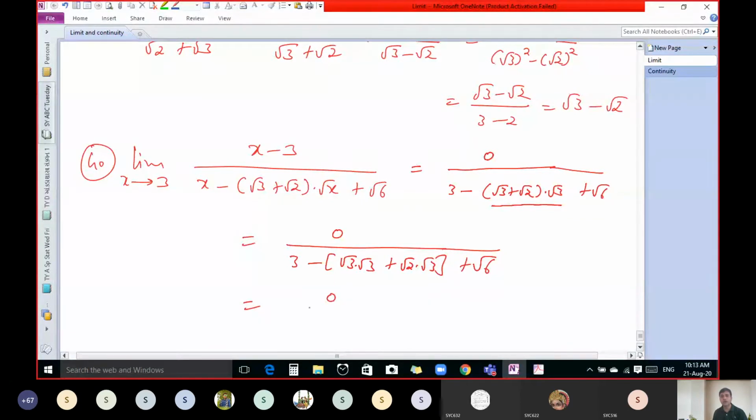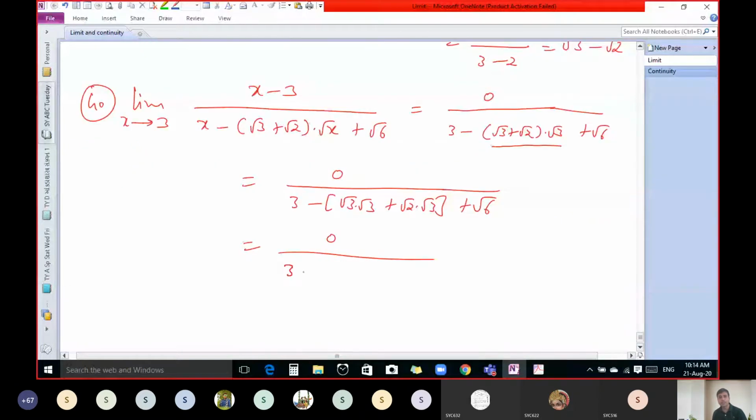So we have 0 in numerator, and let us calculate the denominator part. So it is 3 minus, now say root 3 into root 3, that is 3 plus root 3 into root 2 into root 3, that is root 6 plus root 6 as it is.